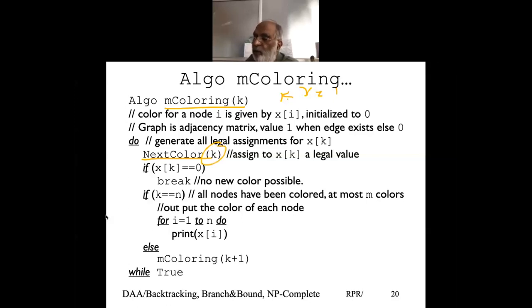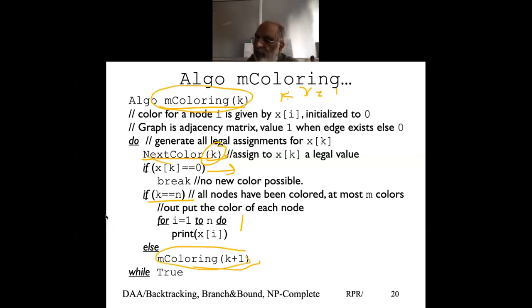So for the kth node, find the next color. Make sure the color is assignable, like what we did in the next value. If we have colored all the nodes, print. Otherwise, call m coloring, go to the next color. That's basically what you're doing. And this way we can color. And this is very similar to your Hamiltonian cycle.